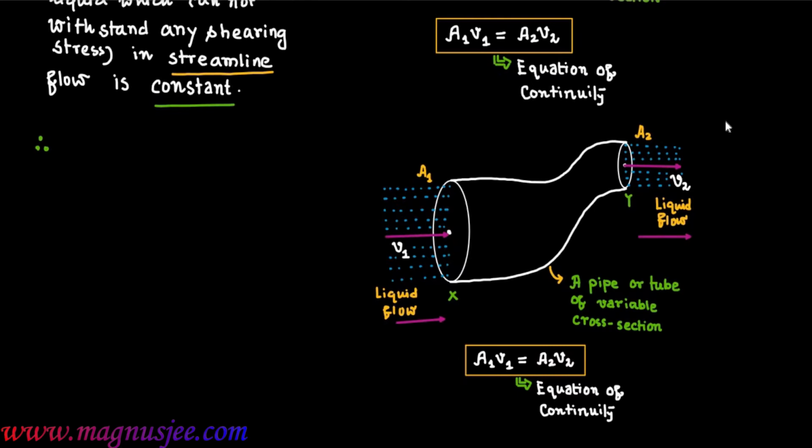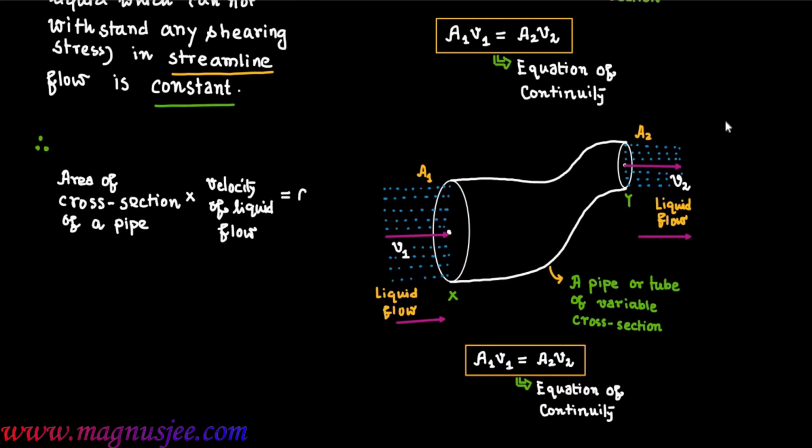Therefore, area of cross section of any portion of the pipe into velocity of liquid flow equal constant.